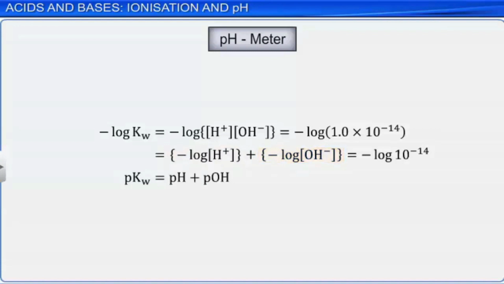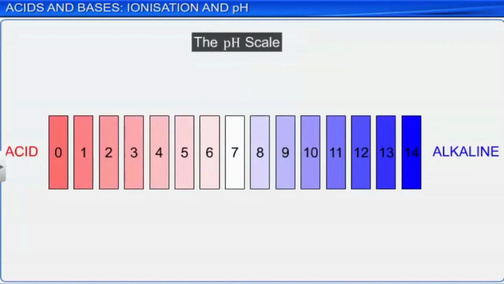Thus, for the ionic product of water at 298 Kelvin, pKw is equal to pH plus pOH, which is equal to 14. Based on the pKw value, the pH scale has markings from 1 to 14, and the nature of a solution as neutral, basic or acidic is determined depending on its value on this scale.